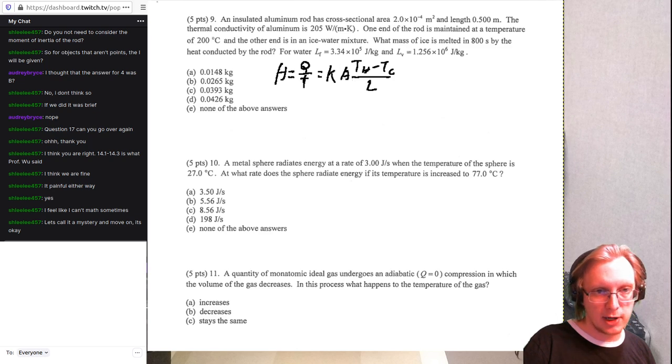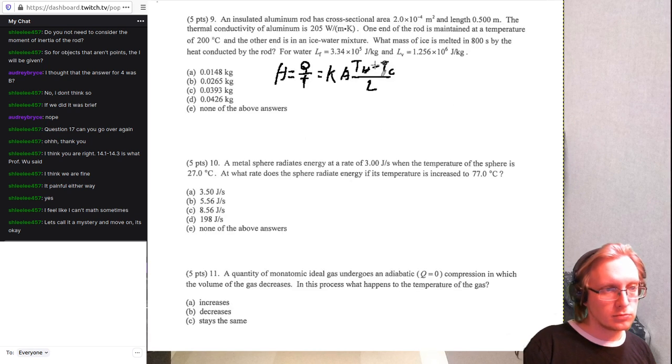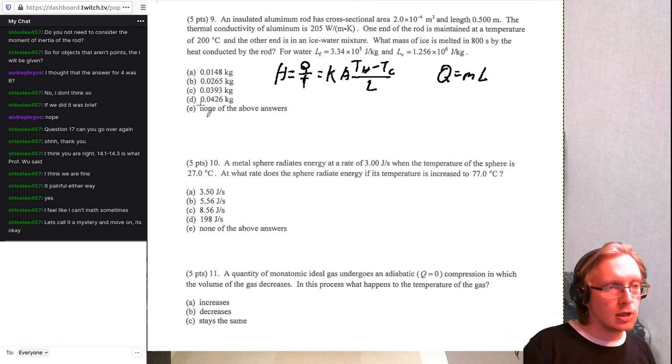I believe that's right. Check that. Yep, good. And Q is equal to M L, latent heat of fusion, M L F.